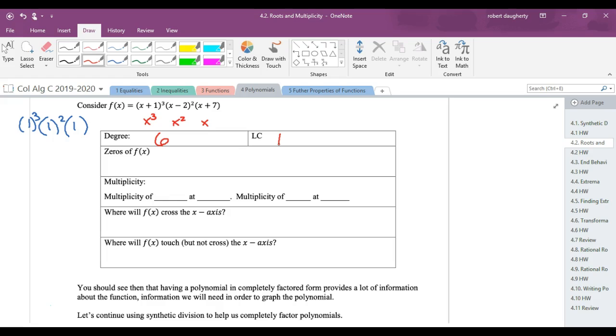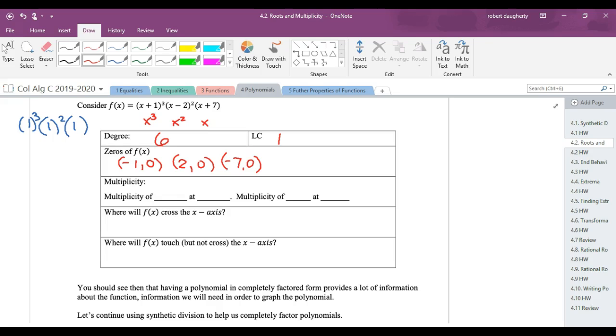What are the zeros? These are points. What are the zeros of this polynomial? Negative 1, 0. 2, 0. Negative 7, 0. Okay, those are all the zeros. Now, which ones have multiplicity? You should be able to look at this and tell there are 2 of them that have multiplicity because they have what attached to them? Exponents.